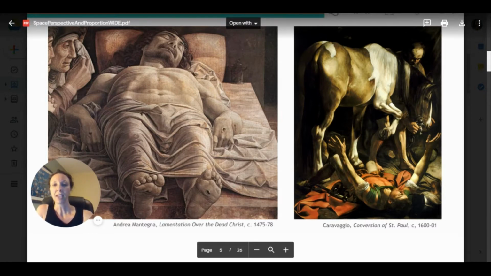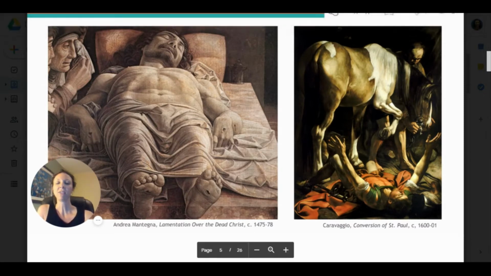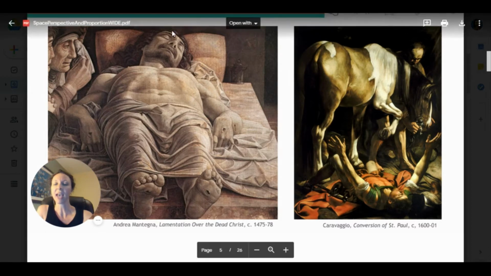But his feet look rather small. Usually those things that are closest to the viewer are larger and things that are further away are smaller. I would say his feet look rather small to me, and his rib cage and his head look rather large based on the fact that they are further away.